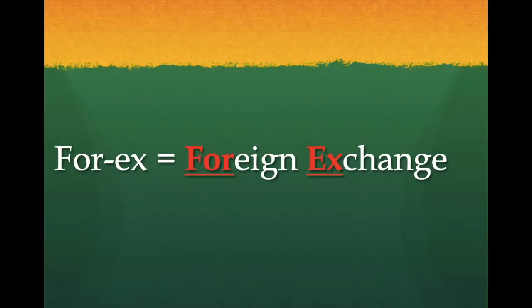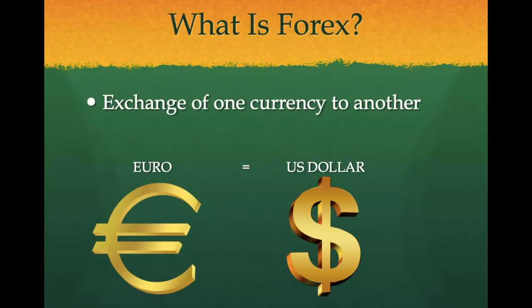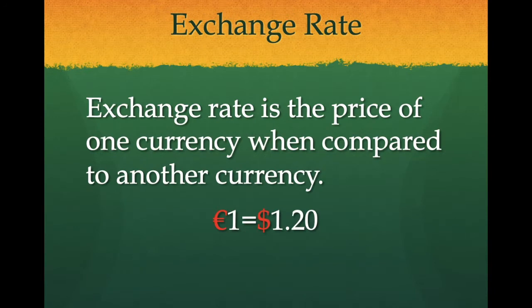So Forex is short for foreign exchange, and Forex is basically the exchange of one currency to another. That's very simple, very straightforward. For example, exchanging euros into US dollars. Now, the exchange rate is very important to understand when learning about Forex, and you'll see why later on in this video.